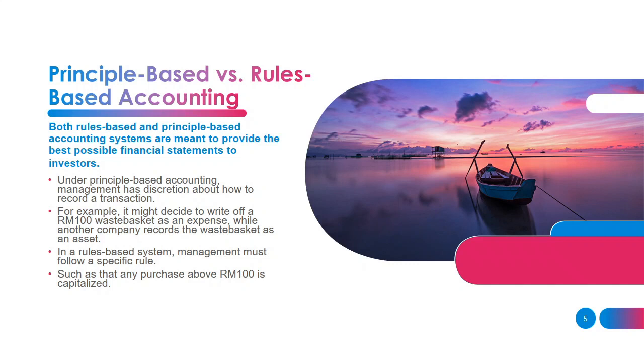So basically, using the principle-based approach, management has its own way of recording a transaction. For example, a company might decide to write off a hundred ringgit waste basket as an expense, while another company records the waste basket as an asset. So here, let's say company A recognizes the waste basket as an expense, while company B recognizes it as an asset. It is based on what principle they are applying.